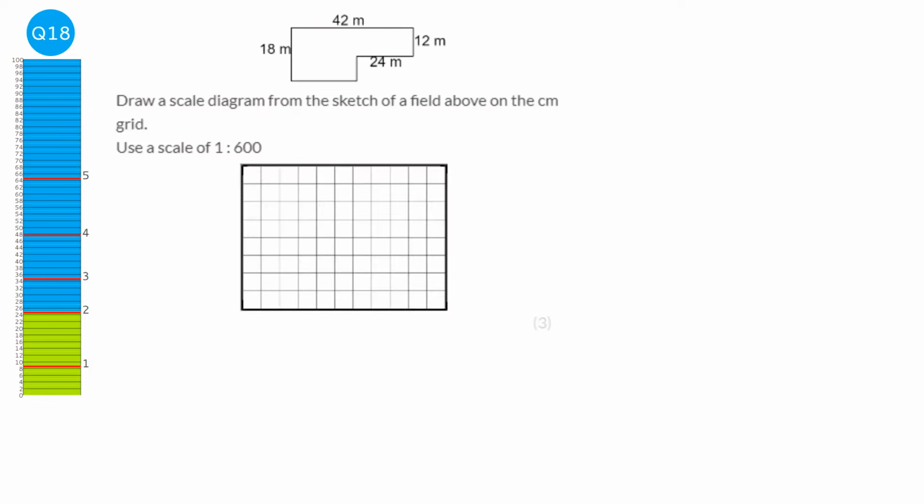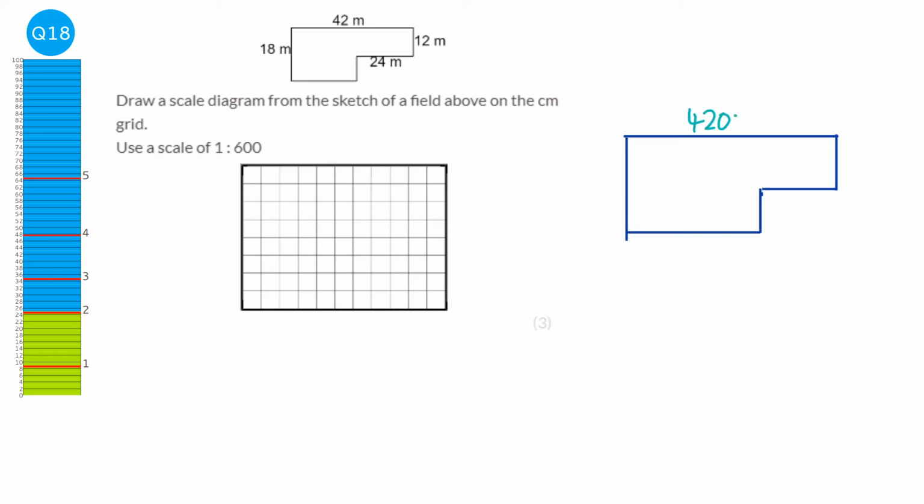First thing I'm going to do to answer this question is quickly draw out the shape again, just so I can show the calculations a bit easier. The first thing I'm going to do on the diagram is convert all of these lengths to centimetres.